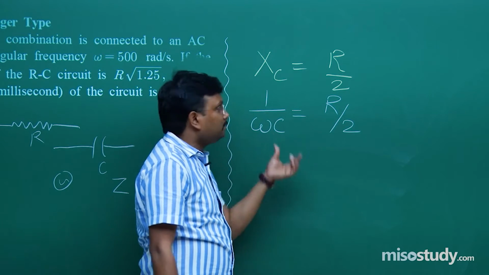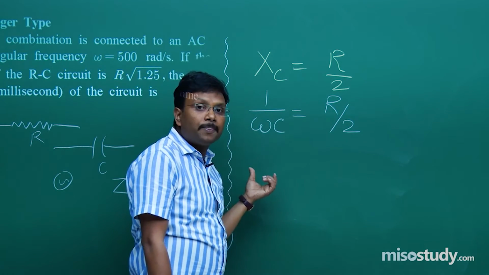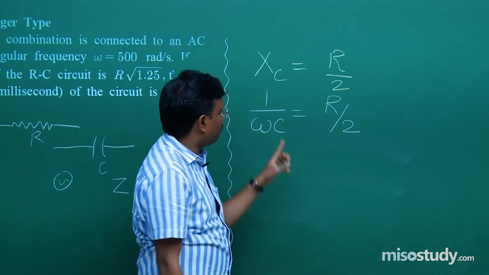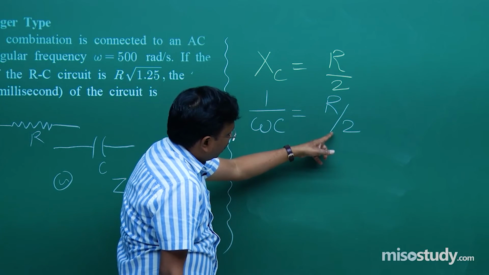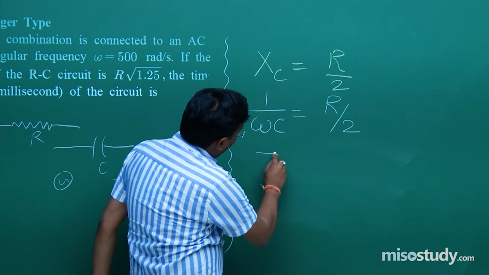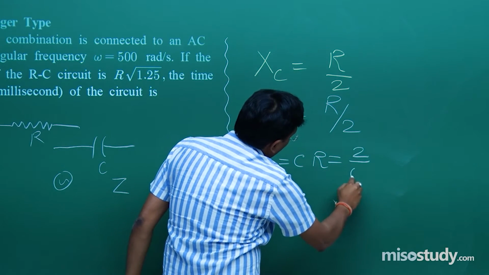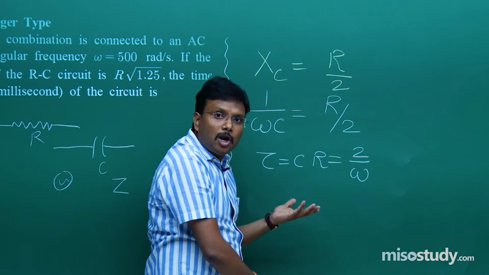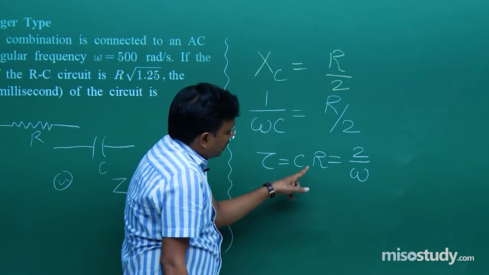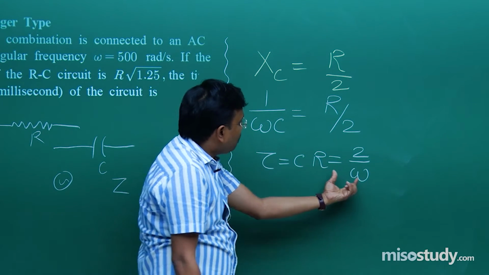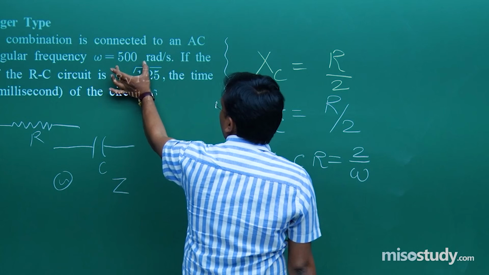You will say no problem, this is just the decoding of this term. If it is XL, it is omega into L. So now from here I can mention that tau is equal to CR is equal to 2 by omega, basic formula.